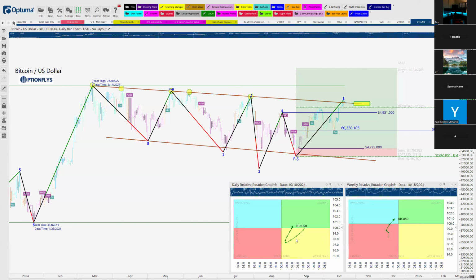Look what RRG did. It was here. Remember, we've been watching this, and weekly was here, and I mentioned, I think last week as well, that it is very rare for the same security, Bitcoin or whatever stock you want to call it, to be in the same quadrant at the same time, meaning that daily was in a lagging quadrant and the weekly is in a lagging quadrant.